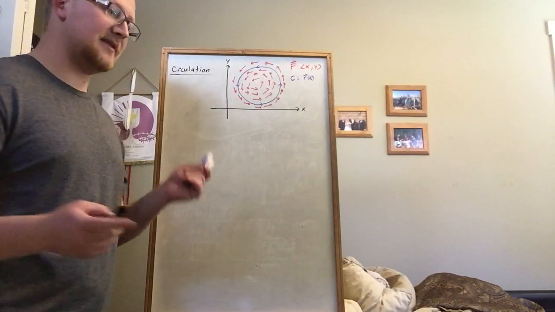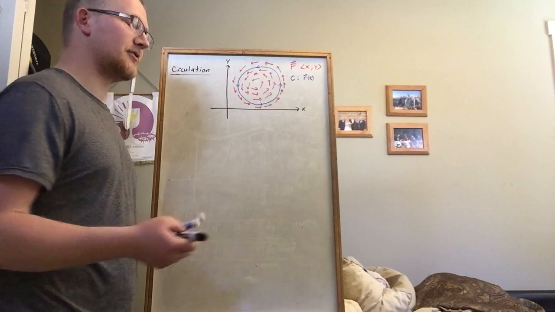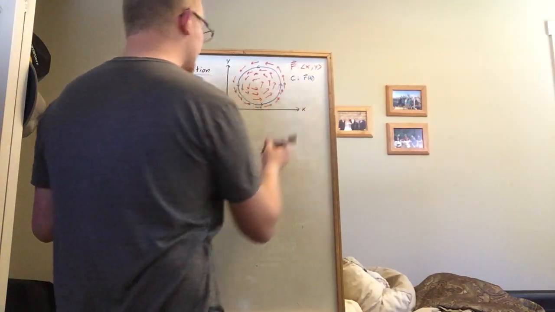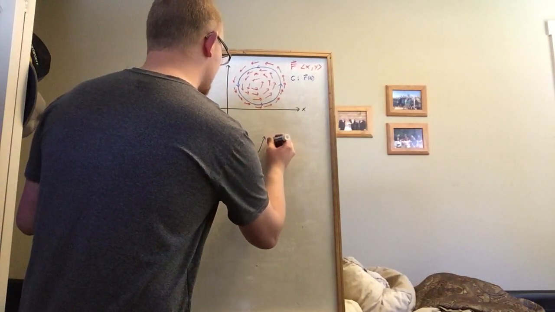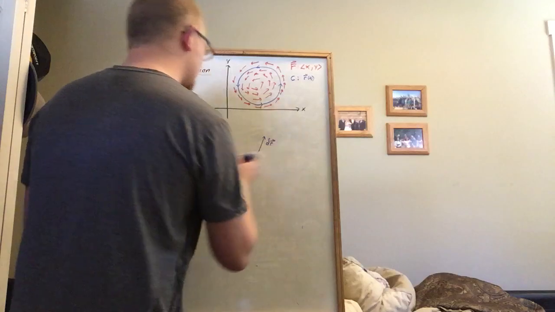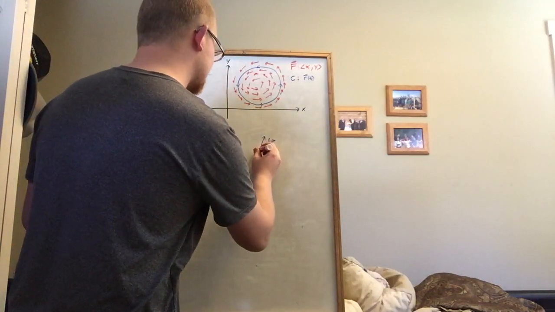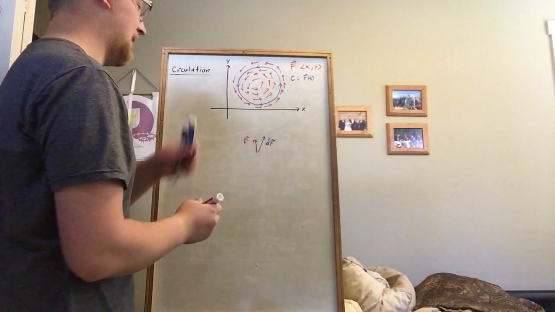Now let's take a look at what this looks like. You'll remember that when we were dealing with a line integral in a vector field, we picked an arbitrary point and zoomed in on it. We've got our dr, and the force is almost pointing in the same direction. Then we have our vector at that point.